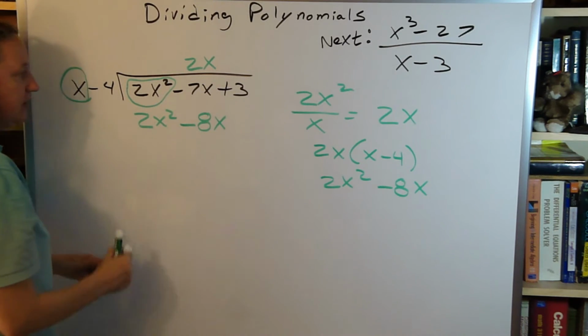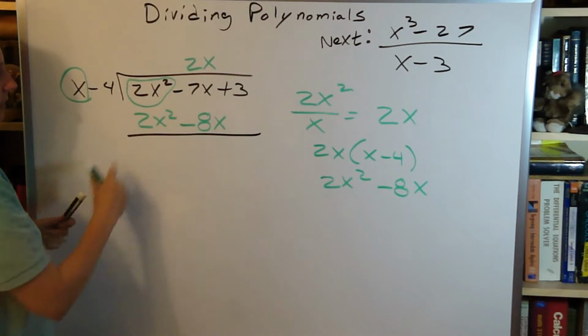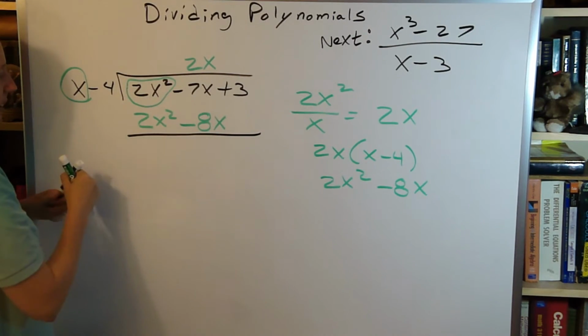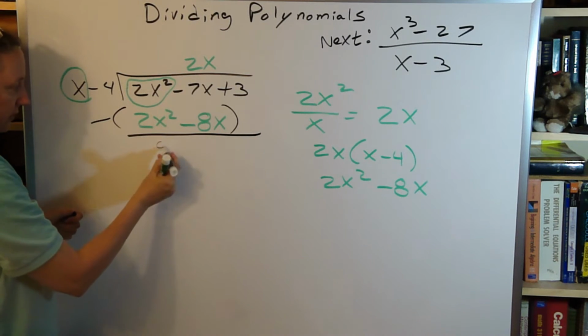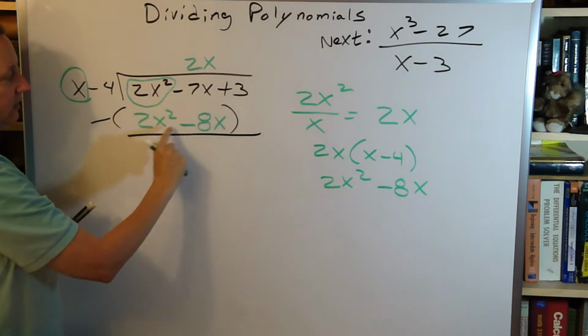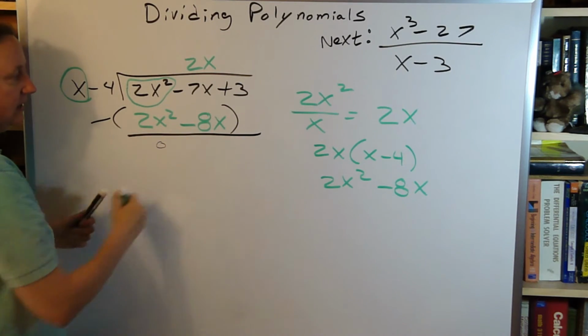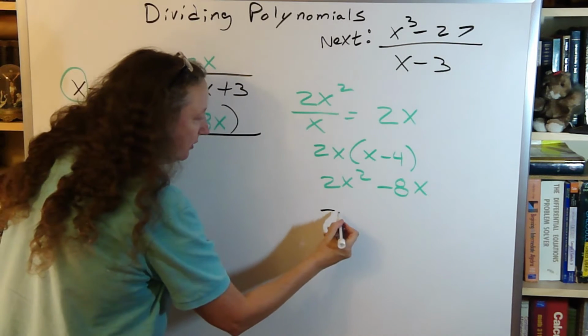I do my subtraction. 2x squared minus 2x squared gives me a 0. Negative 7x minus negative 8x. Let me write that down over here for you so you see what's going on.